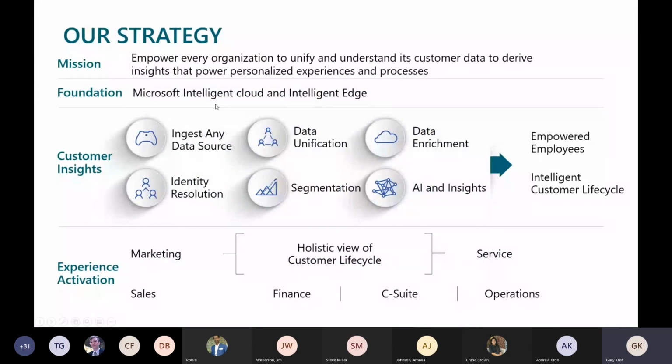So with customer insights, the strategy is really to ingest any data source, and we'll show you in a minute some of the different types of data that can be joined and merged into the system. But the big strength is really the data unification. It provides the ability to unify this data.